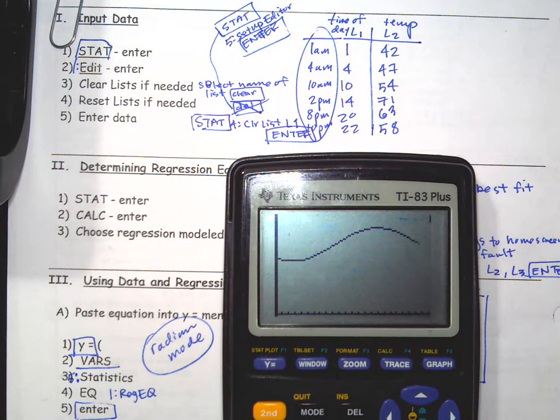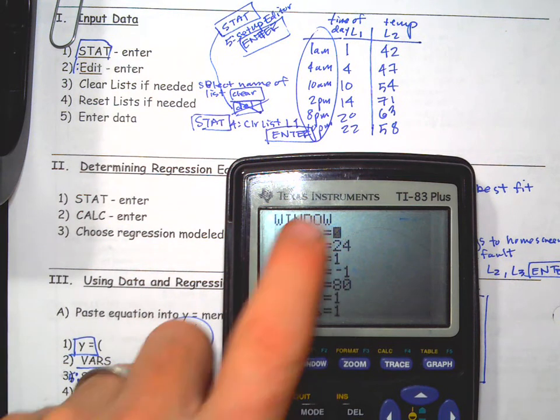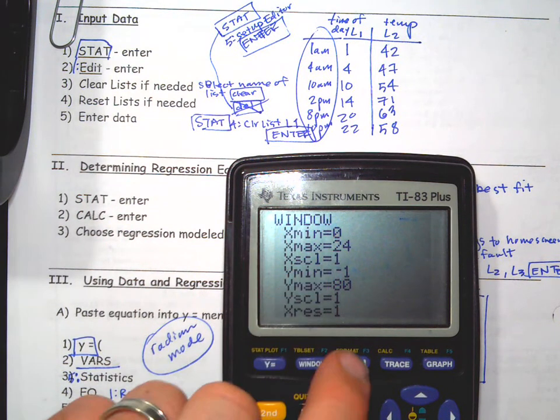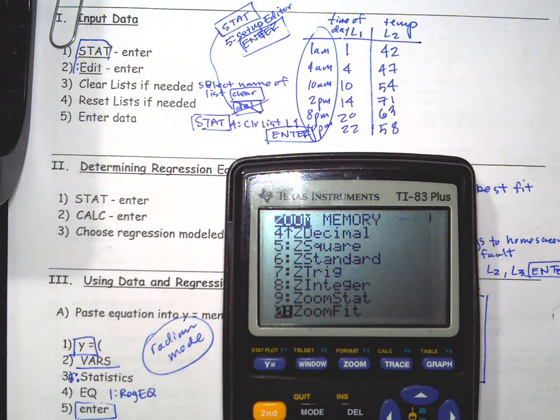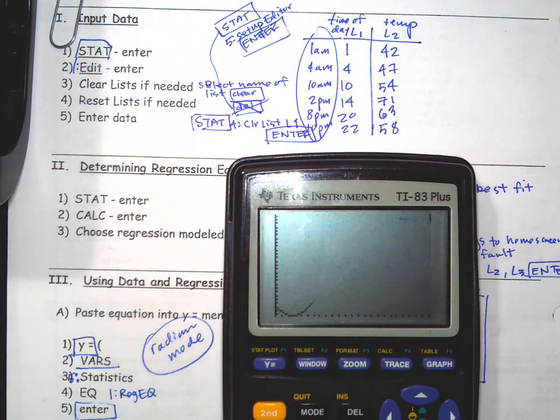Just go back and hit the graph button, and you should get something that looks a lot more like a sine cosine curve. The other way you could do it is go to window, put 0 to 24, and then go zoom fit, which is the last option, zoom 0. It pre-calculates the y values and fits them so it fits the graph perfectly, which is cool.